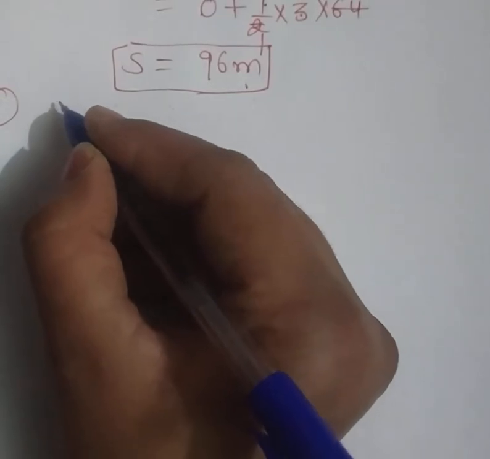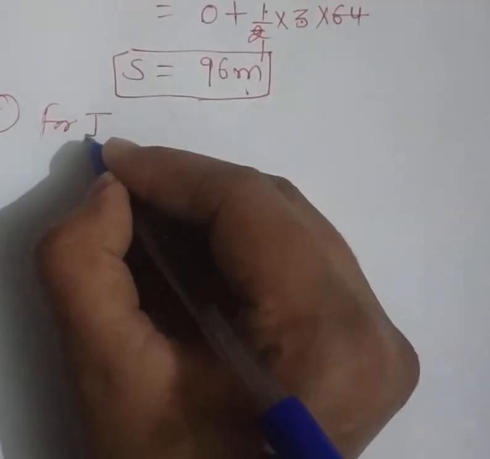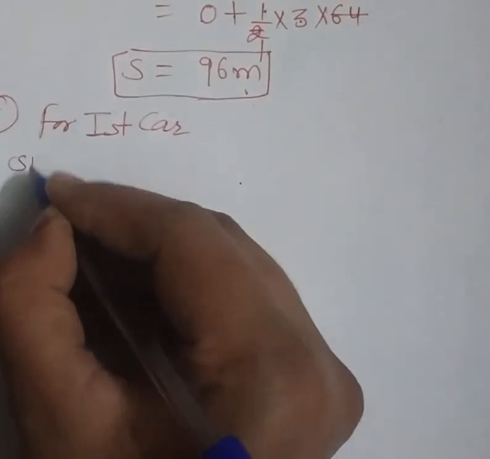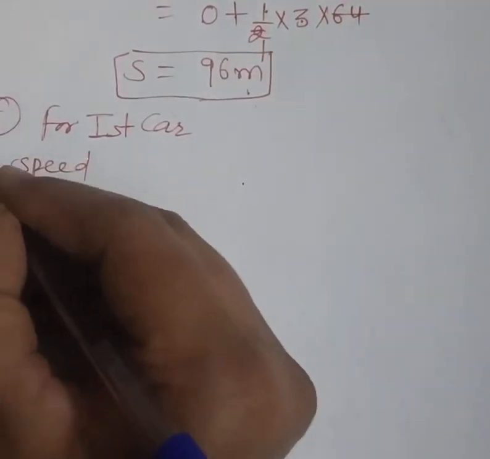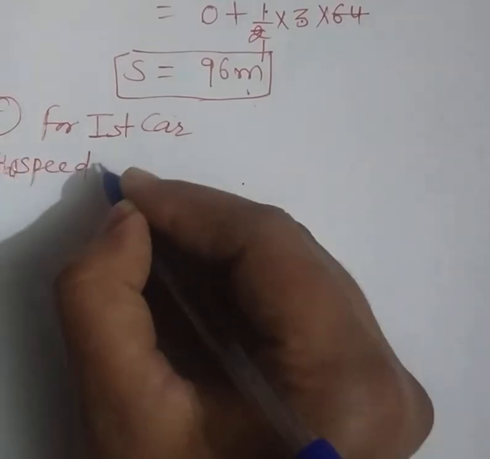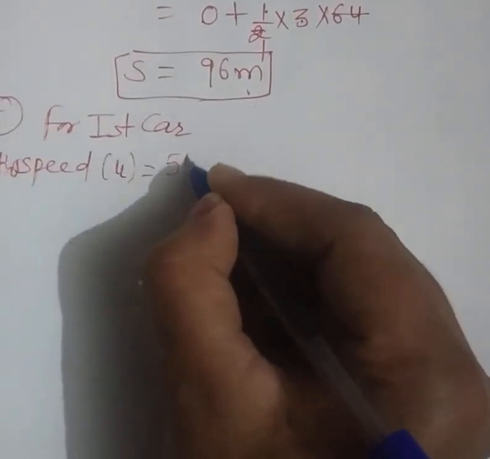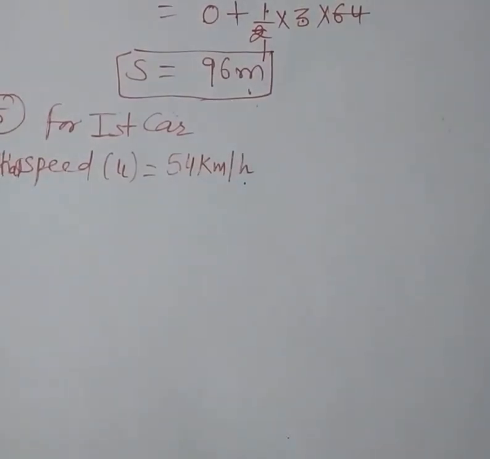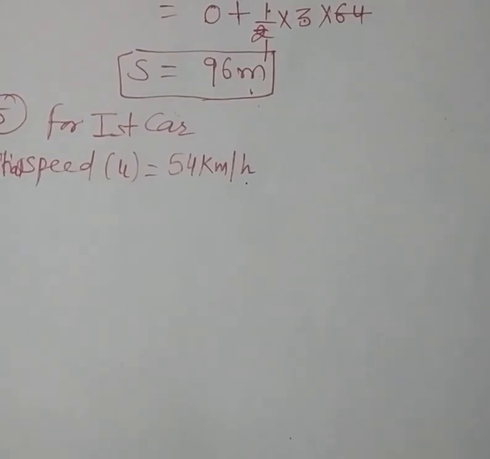It means for the first car, initial speed u is 54 kilometer per hour. And the driver applies the brakes. You know when brakes are applied, velocity decreases, speed decreases. Brakes are applied so that the car stops in time 5 seconds.